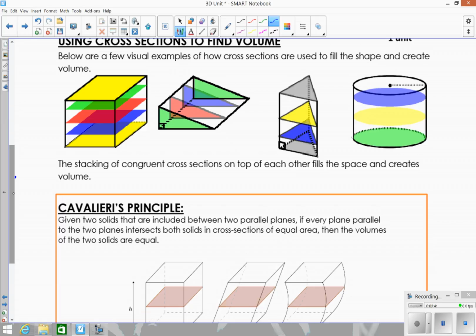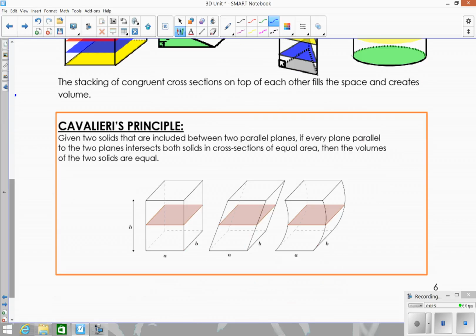Which kind of ties into this next principle called Cavalieri's principle. Cavalieri's principle is basically saying if I take these three 3D shapes here that look different, they would have to have the same volume because they're three shapes that have parallel bases, and the cross sections of the three-dimensional figures are equal in area.